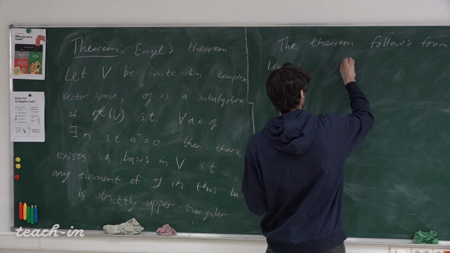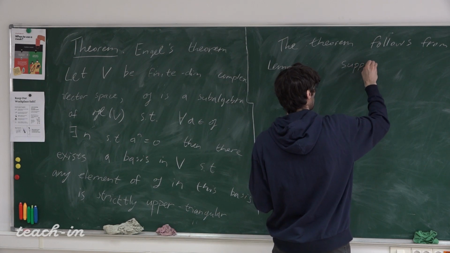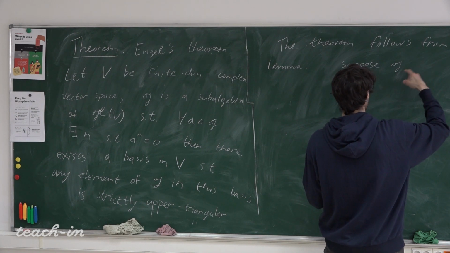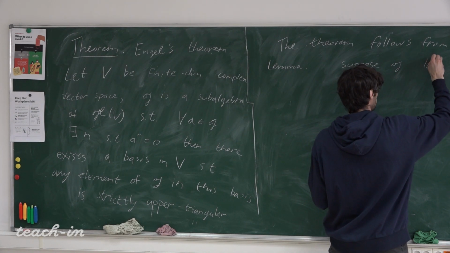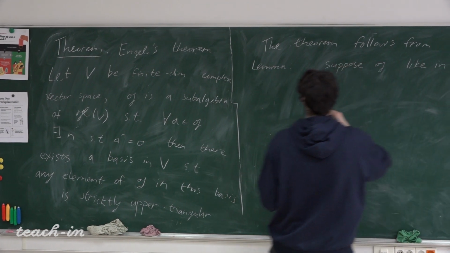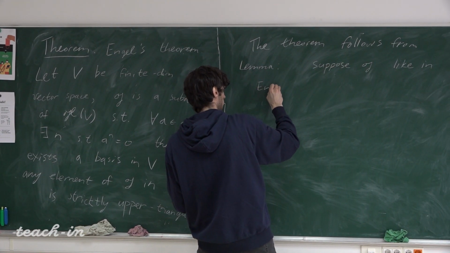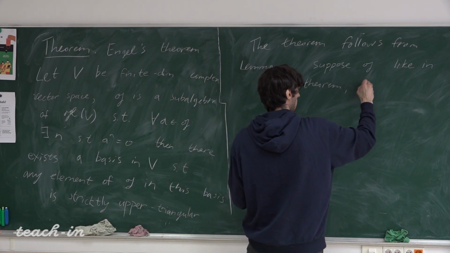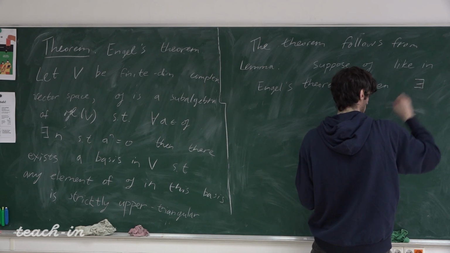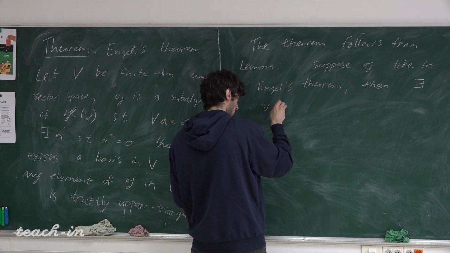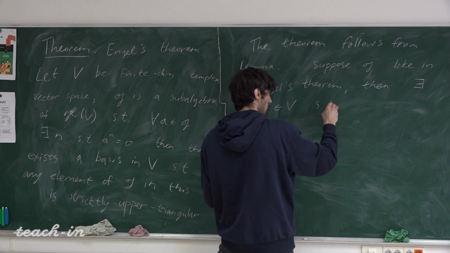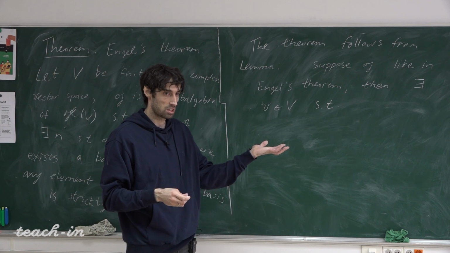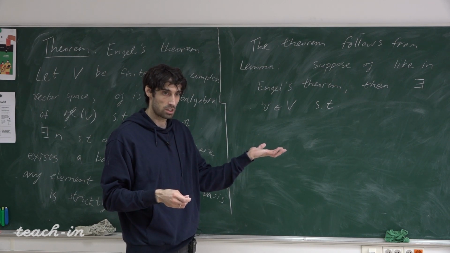Suppose G is like in the theorem, in Engel's theorem, then there exists a vector v in V such that, so for Lie's theorem, we had that this vector was a common eigenvector.